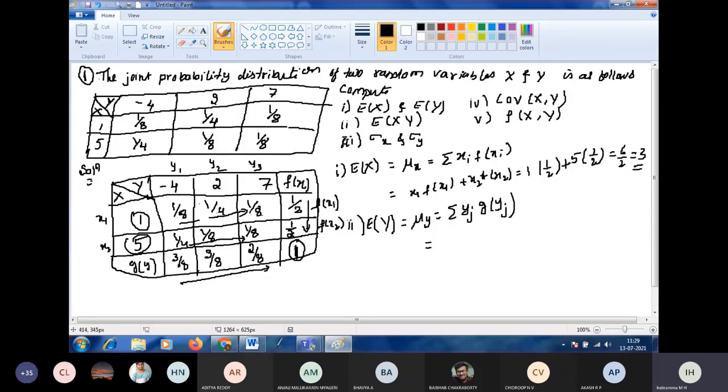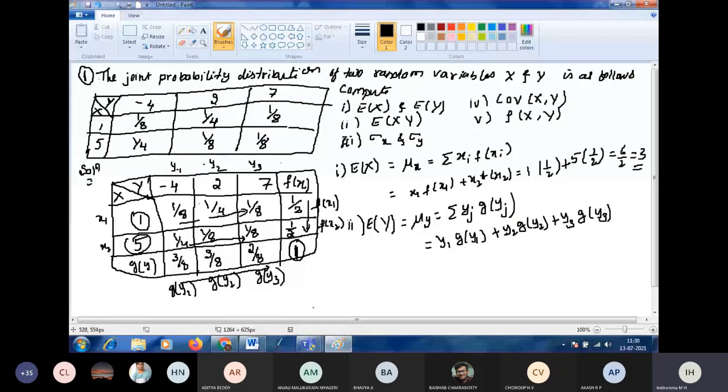These are the y values, y1, y2, y3, and g(y1), g(y2), g(y3). Find the products: y1 g(y1) plus y2 g(y2) plus y3 g(y3). All of you should solve the problem along with me.